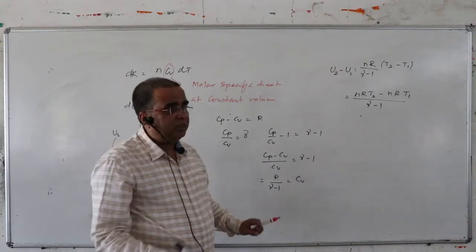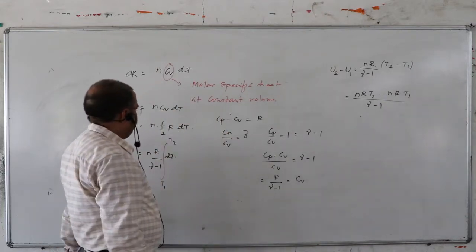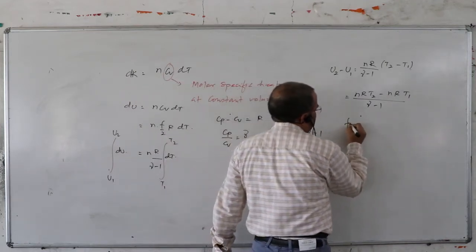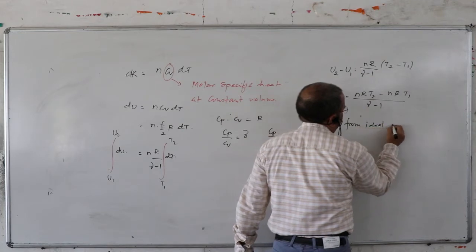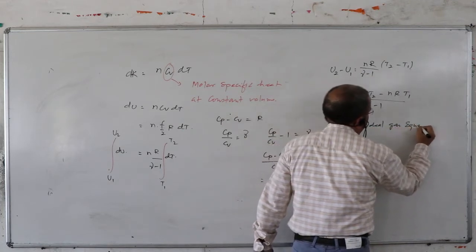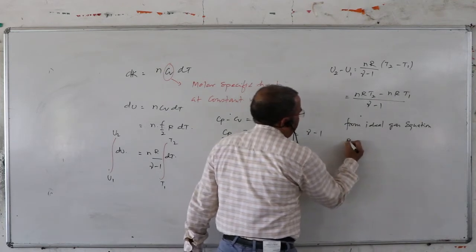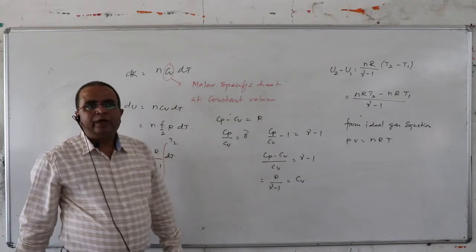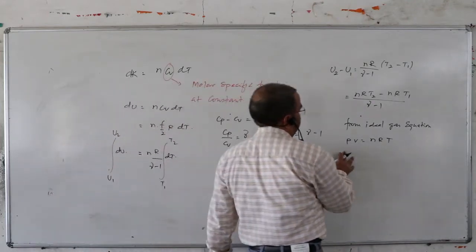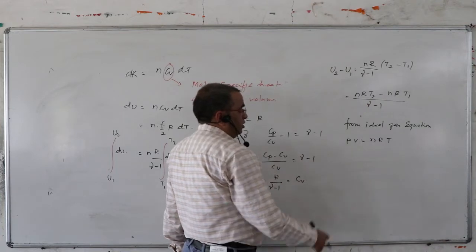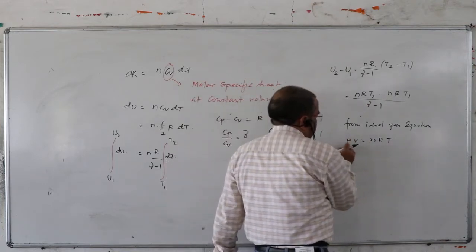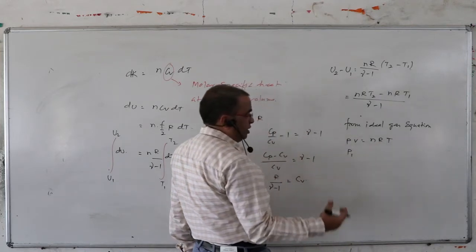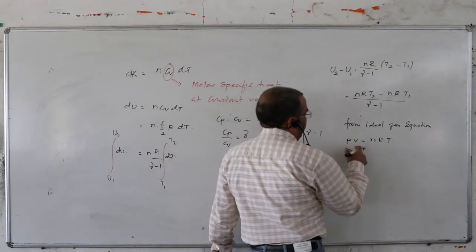And you all have learned the ideal gas equation, which tells us that PV is equal to nRT. In this case, at temperature T1 pressure is P1 and volume V1, and at temperature T2 pressure becomes P2 and volume becomes V2.